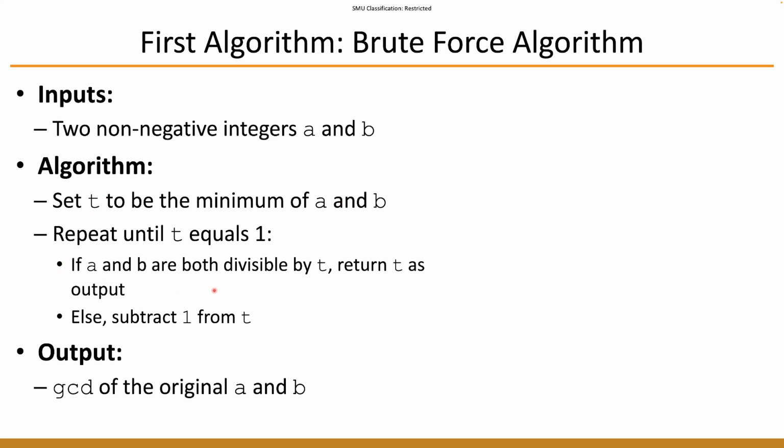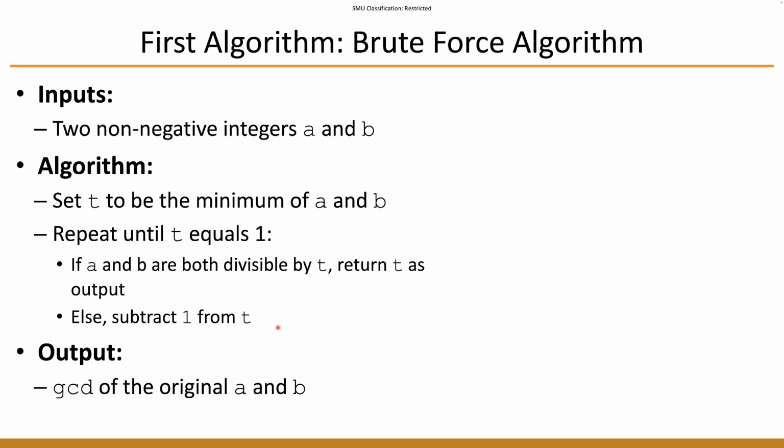Step number 1, we check whether or not A and B are both divisible by T. If that is the case, it satisfies the requirement of the GCD, and we return that as the answer. Otherwise, we subtract 1 from T. We make T to be T minus 1, a slightly smaller number, and then we continue to check.